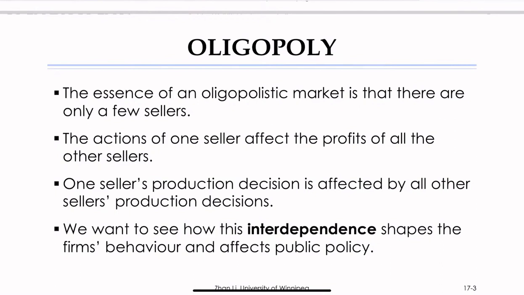Again, just think about a very simple example with two firms. A firm's production will affect B firm's production, and A firm's production will be affected by B firm's production. So this interaction will affect how firms optimally determine their price and quantity.